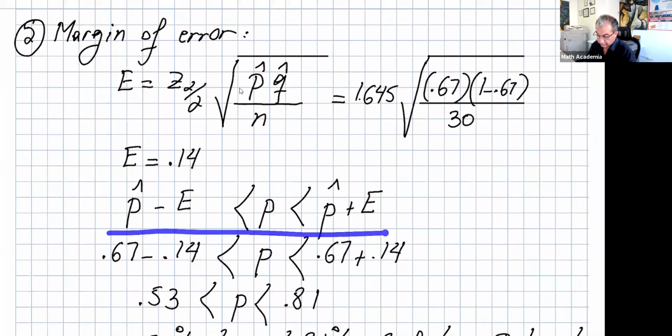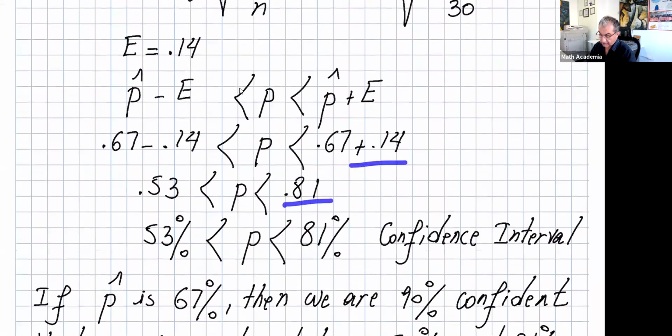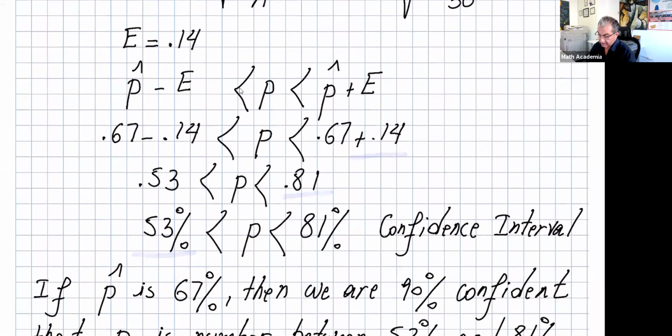So to write the interval, you do p hat, which is 0.67, minus E, 0.14, and the right side is going to be p hat plus E, which is 0.67 plus 0.14, and that's 0.81. So between 53% and 81%.